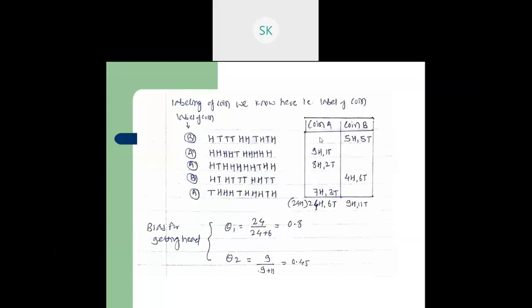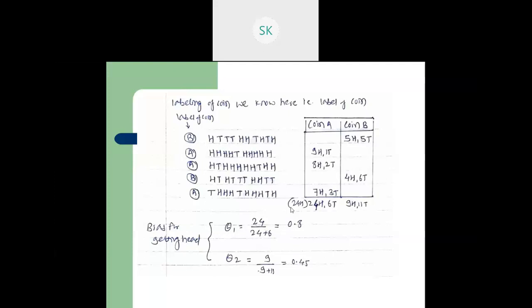With respect to coin A, there are a total of 24 heads and 6 tails. With respect to coin B, a total of 9 heads and 11 tails. Now combining all these 5 runs, 5 trials of choosing the coin and tossing it 10 times, we get the biases theta 1 and theta 2 from the complete experiment.